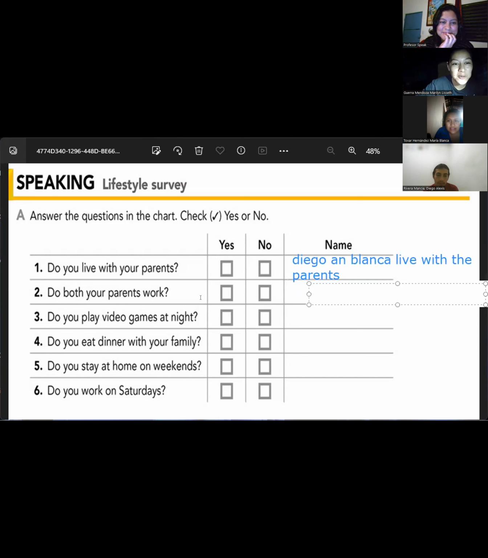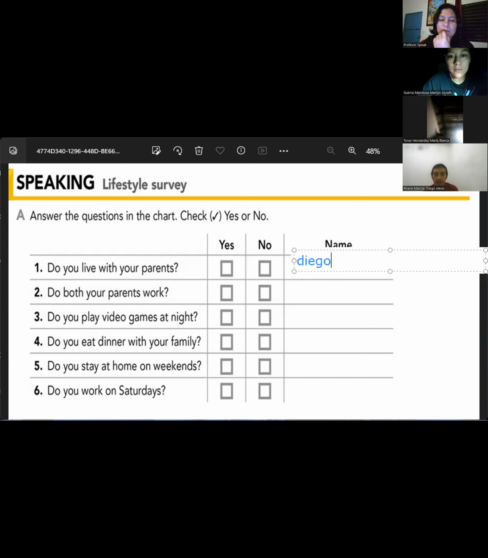And about your parents' work? Donde dice an, le hace falta la D. Así quito que se me borra todo. No sé cómo borrar. Do both parents work? ¿Ambos papás trabajan?